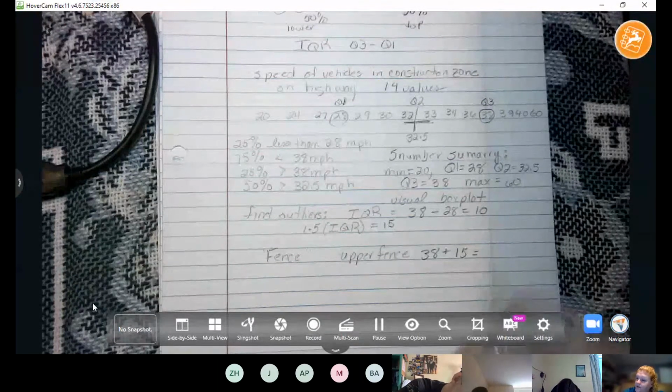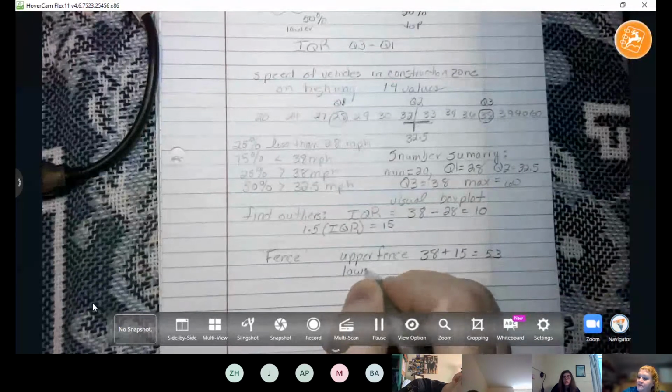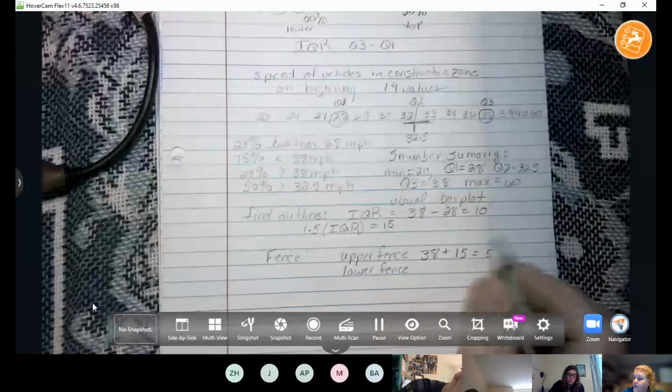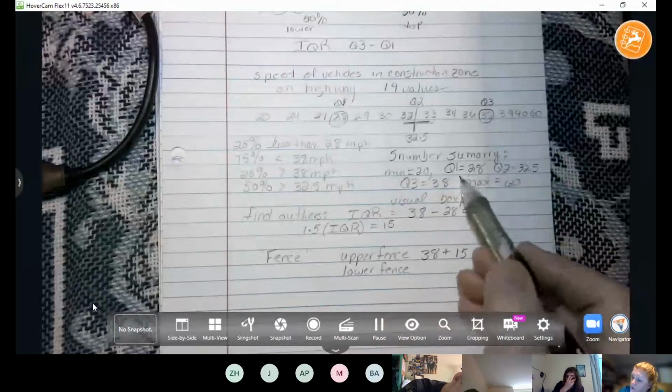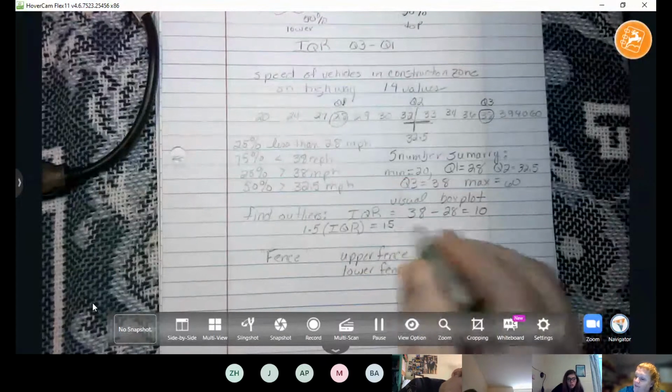$53. And then we find the lower fence. We take the first quartile, 28, and we subtract that amount.